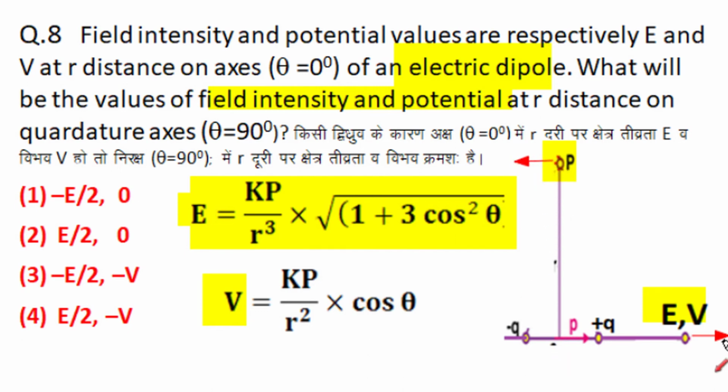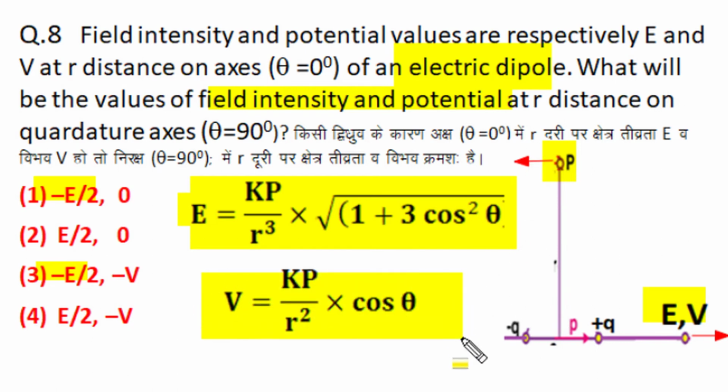So if this is E at r distance from the dipole moment, then on the quadrature axis at r distance the electric field becomes not only half of the magnitude but in the opposite direction. So the answer is minus E by 2, and we have two such options, and the final answer will be decided by the potential value on the quadrature axis.